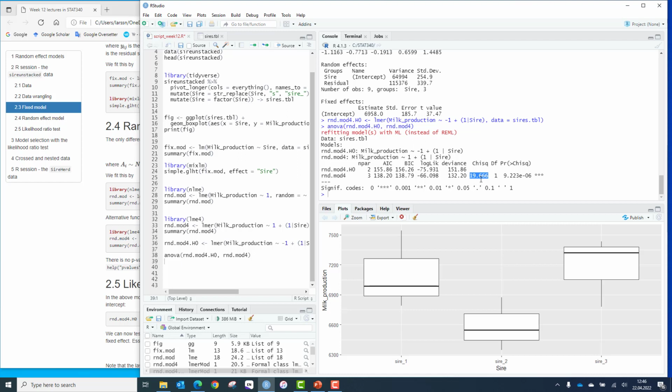If the null hypothesis is true, this likelihood ratio statistic should follow a chi-square distribution with the same number of degrees of freedom as the difference in the number of parameters here. This one has 3 parameters, this one has 2, so the difference is 1. So the chi-square distribution should have 1 degree of freedom, and then you get a p-value.